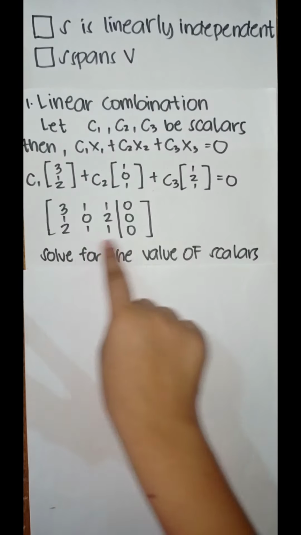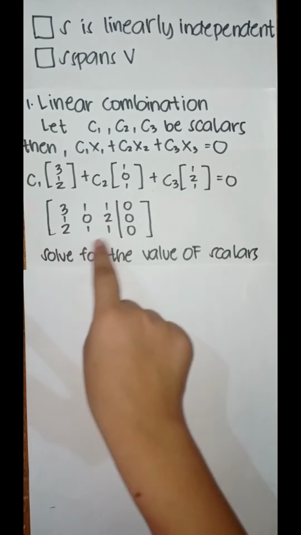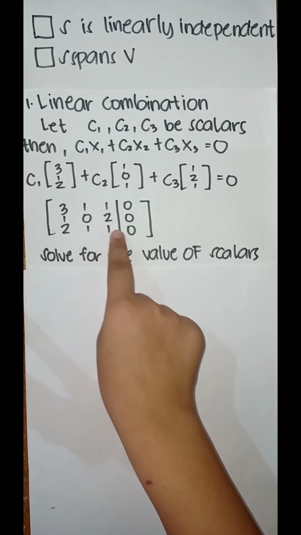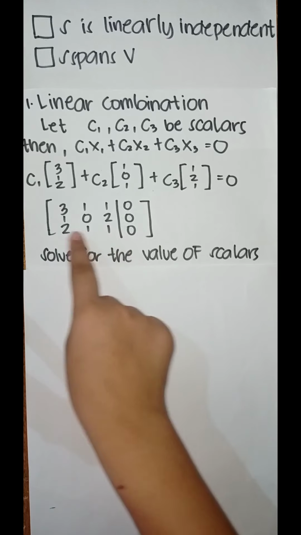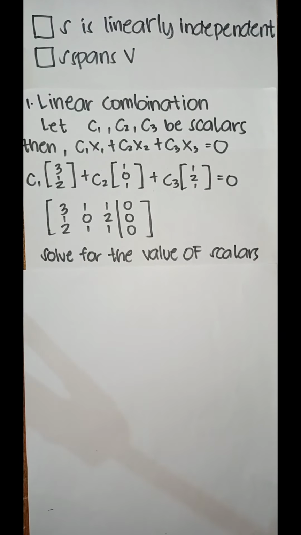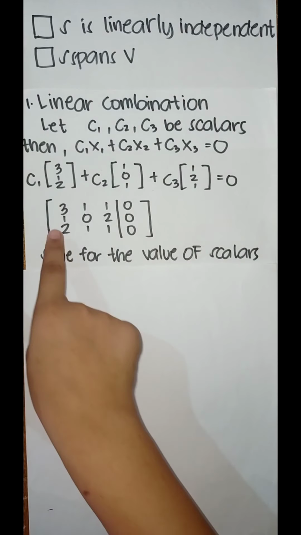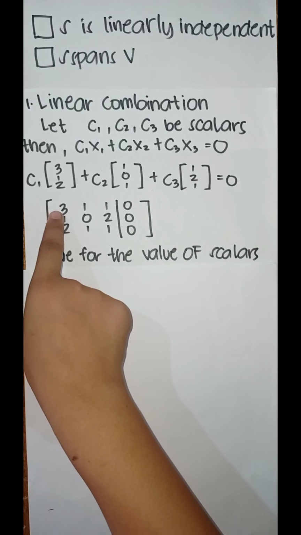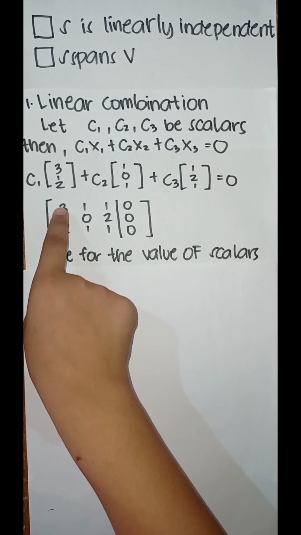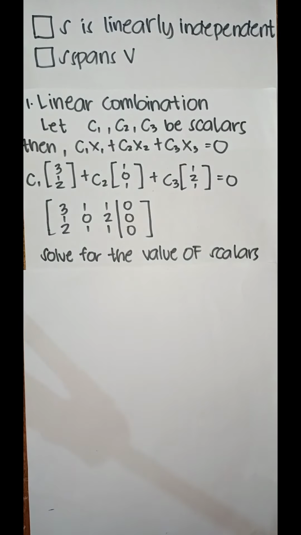From this matrix, our goal is to make this into an identity matrix where the diagonal is all 1 and elsewhere are 0. So the first step is to make sure that the pivot is 1. Instead of 3, we want it to be 1. How to do that?